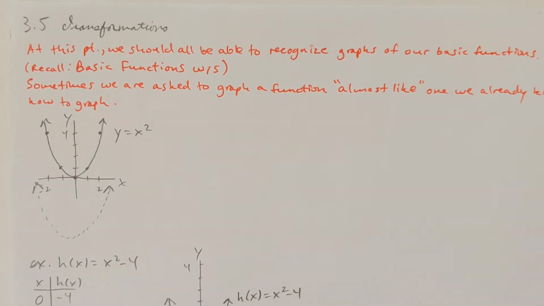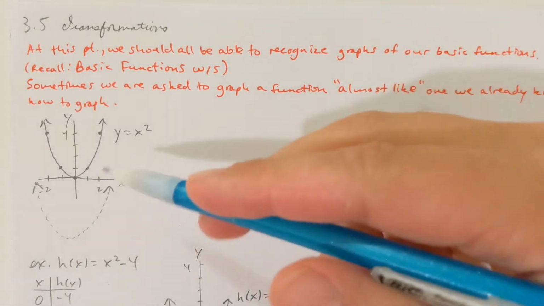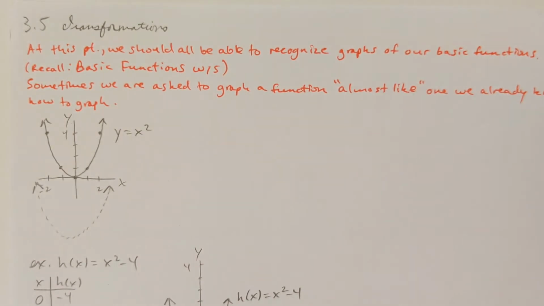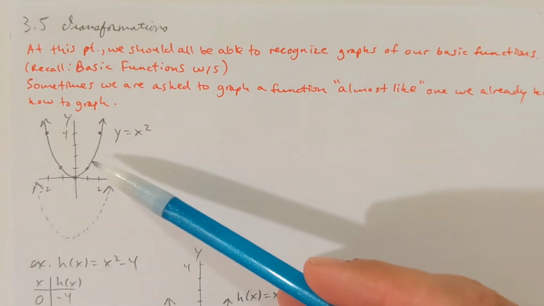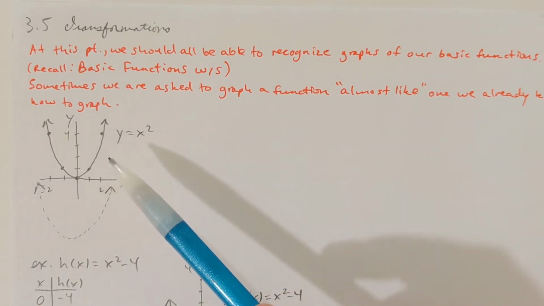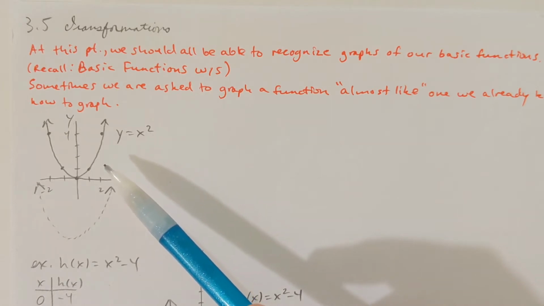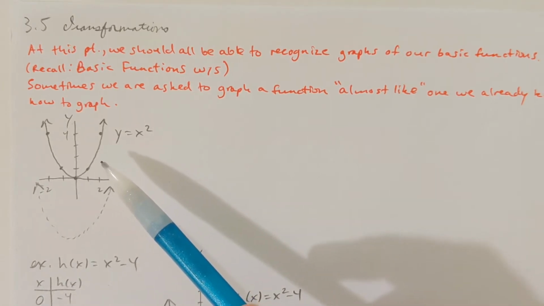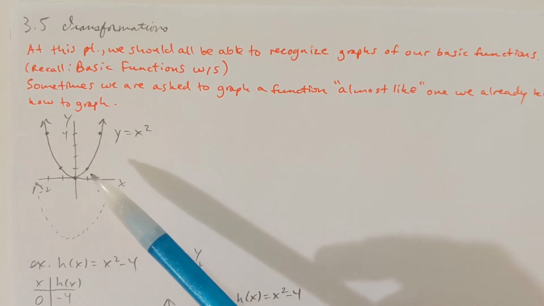For example, suppose that we want to graph y equals x squared, but let's suppose that we've shifted y equals x squared down so many units. Well, in order to know how to do that, you need to know how to work with transformations. That's the underlying cause there.